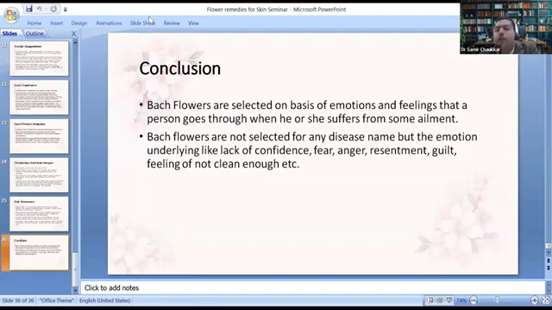Up to six medicines you can mix, not beyond 6, because after 6, it's better to give in 2 different bottles, remember. And the most important is you have to give it very, very frequently. So normally the dose is 4 drops 5 times in a day. We cannot tell them take 2 times or 3 times, tell them 5 times in a day. 4 drops, 4 times or 5 times in a day, of the mixture of the bottle, remember.